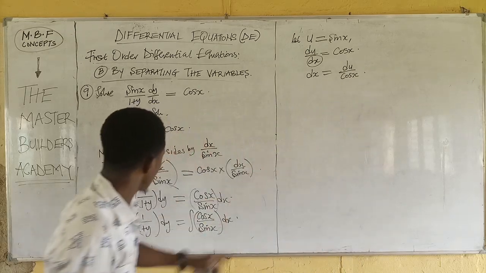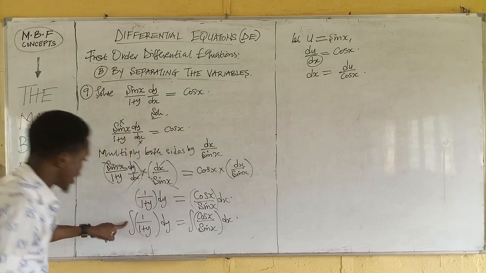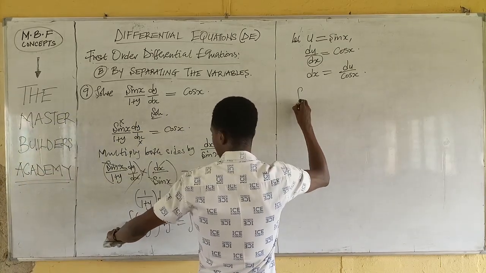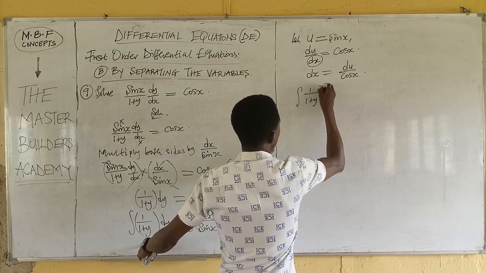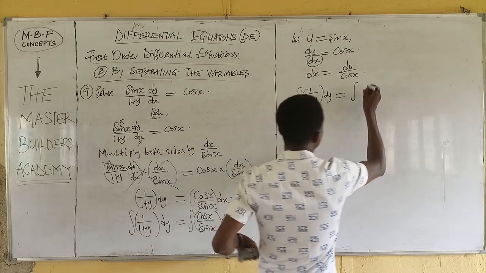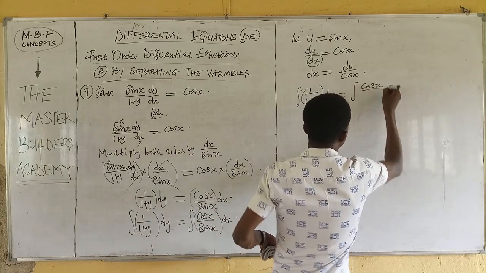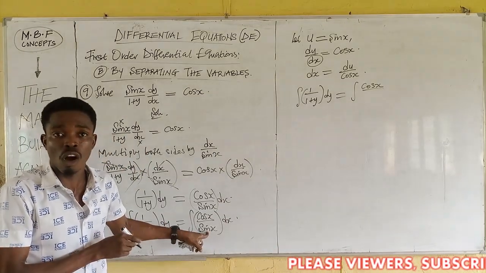Guys, all we now need to do is to come to this expression and begin to substitute. Now we have the integral of 1 over 1 plus y dy is equal to the integral of, the numerator is cos x. Now the denominator, we have replaced by a letter called u, right?